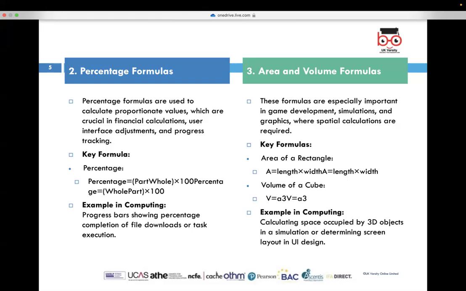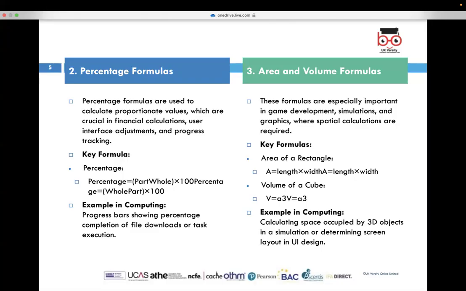Next, area and volume formulas. These formulas are especially important in game development, simulations, and graphics, where spatial calculations are required. Key formulas: area of a rectangle equals length times width.